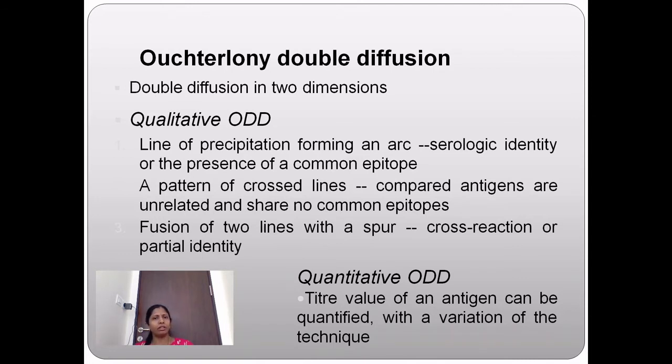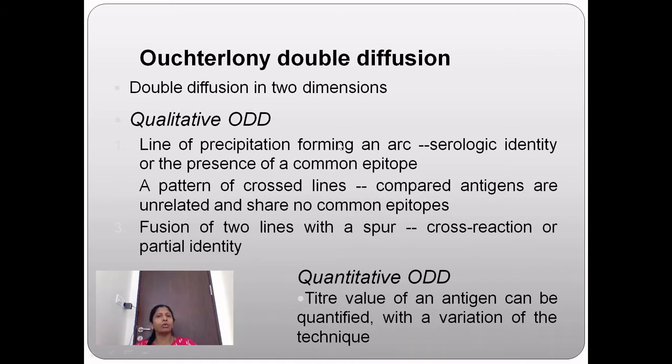Qualitative Ouchterlony is performed to understand the serological identity between two given antigens, that is, whether the two given antigens are identical to each other, share any of the epitopes, or are totally different from each other. The pattern of precipitin lines generated in a qualitative ODD is very unique and specific.